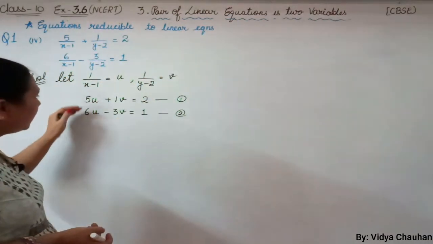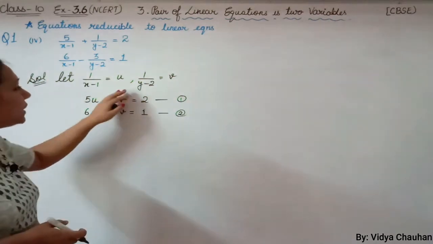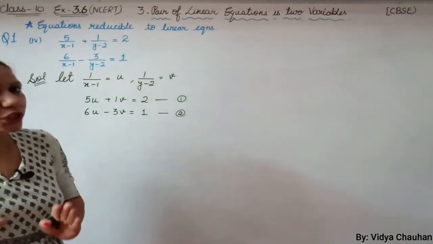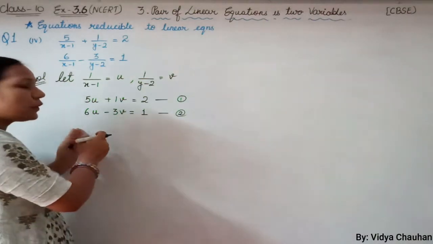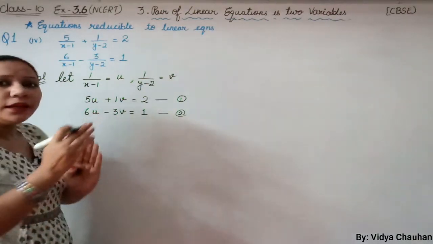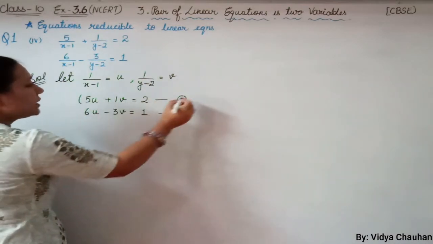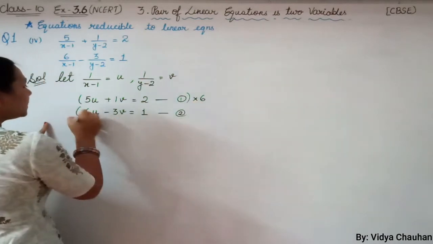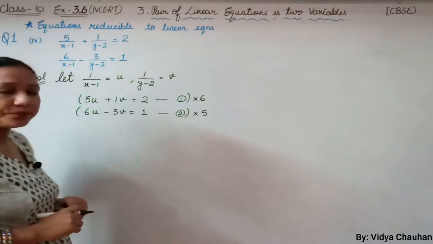Now since we have reduced our equations to the linear form, we can solve these two equations by using any method: substitution, elimination or cross multiplication. Today I am going to solve these two equations by the elimination method. For that I will multiply the first equation with the coefficient of the second one, and similarly the second equation with the coefficient of the first one.